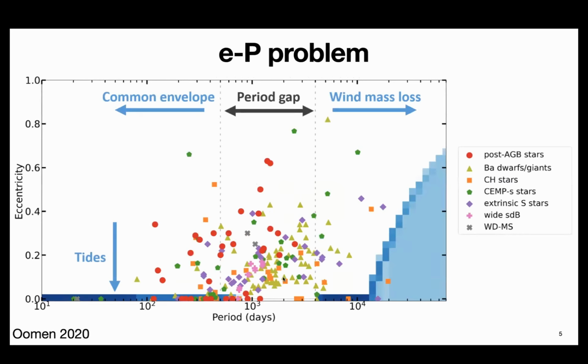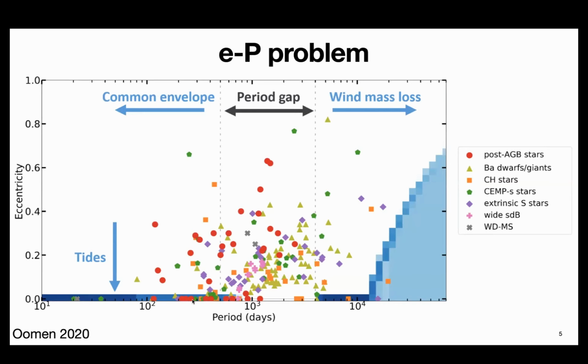You can see that it predicts a bimodal orbital period distribution, and the orbital periods of our objects precisely fall within this so-called period gap. This is not the only type of binary that has this problem. There are other post-interaction binaries that fall within this period gap, like barium stars and white dwarf sdB stars, for example.